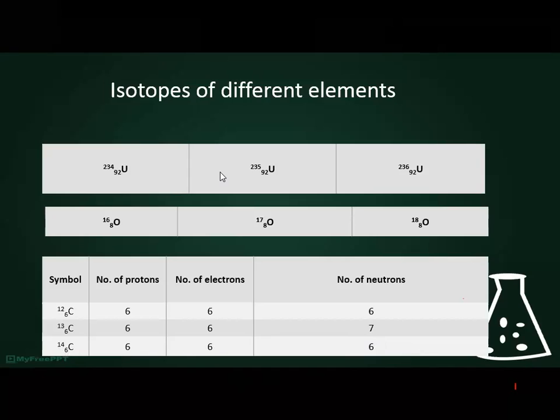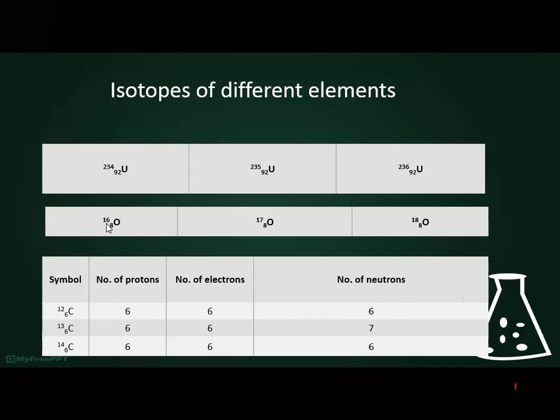Yes. Abdul Rahman, yes. Bilal, right. When we add 6 plus 8, it becomes 14. So the correct number of neutrons would be 8. 7 plus 6 is 13, and 6 plus 6 is 12.